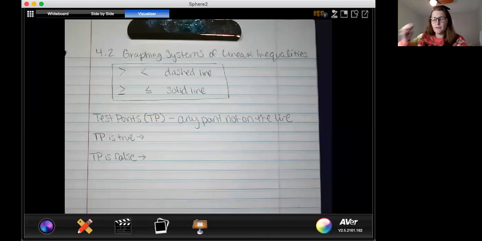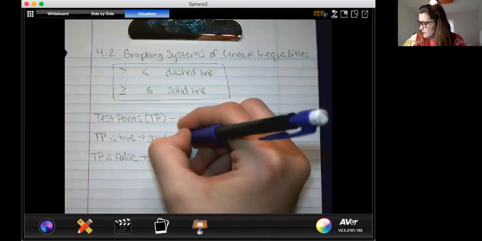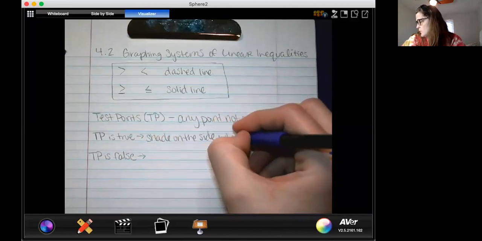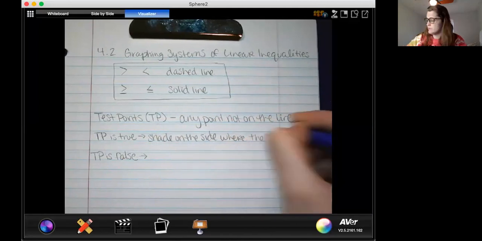We shade on the side the number is on, correct? We shade on the side where the test point is. Good.